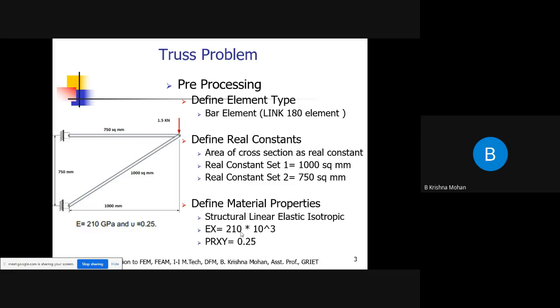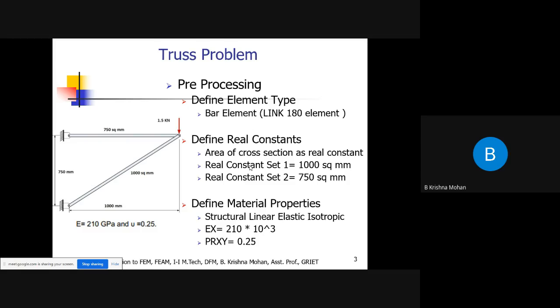Similarly, once you specify the lengths in millimeters, you need to specify the Young's modulus in terms of newtons per square millimeter. So you need to convert 210 gigapascals into newtons per square millimeter. There is no problem with the Poisson's ratio. It doesn't have any units, so you can consider it as 0.25.